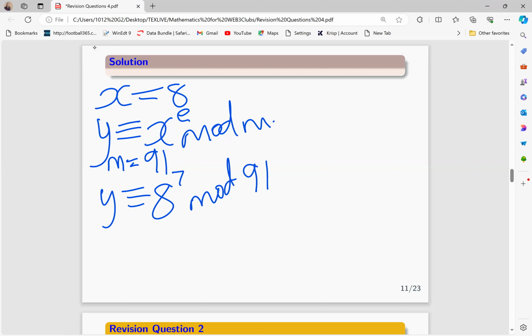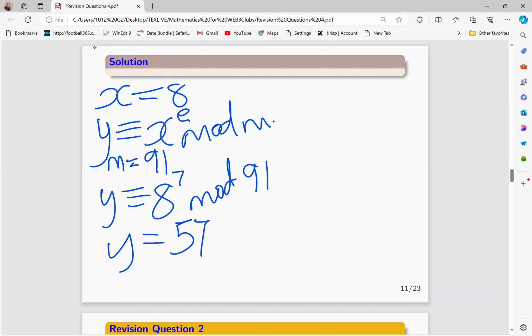So 8 power 7, then divide by 91 and take the remainder. The remainder is 57. So our Y here is 57.